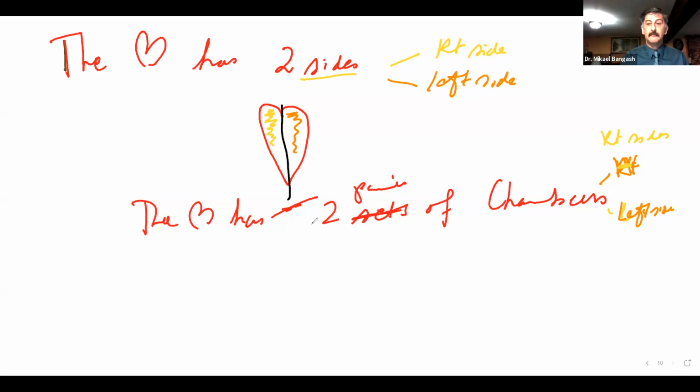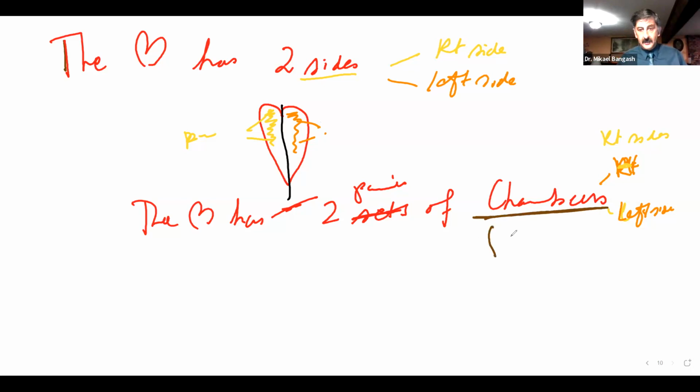are divided. It means, what are going to be the right-sided chambers? That's going to be the pair of chambers that we have on the right side, and the left-sided chambers are going to be the pair of chambers that we have on the left side. Clear? Now, guys, you may ask, Mike, what do we mean by chambers?